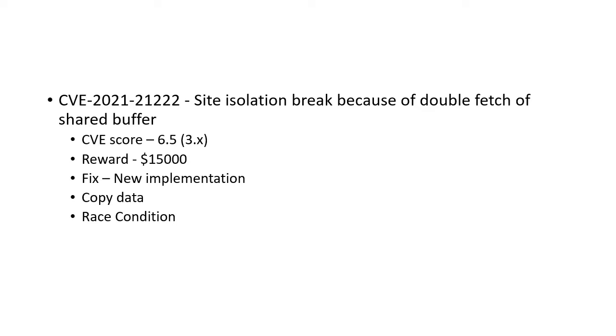With this, they implemented new code in their files, and the file name is generated_code_cache.cc. This file allowed them to mitigate this problem. This problem is also related to site isolation, which we'll talk about in Chromium's architecture in the next slide.